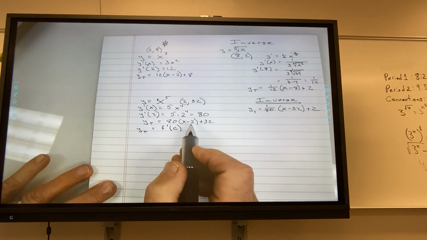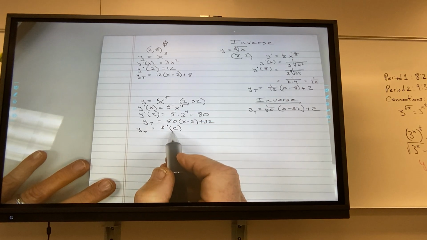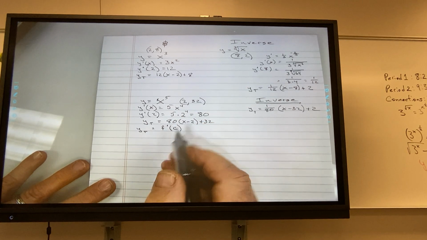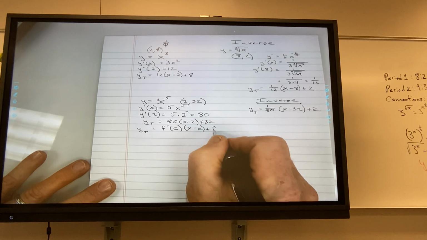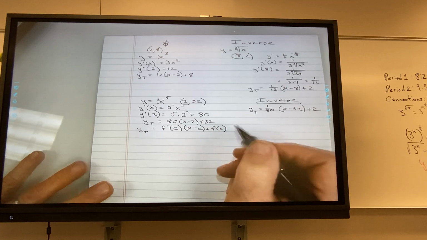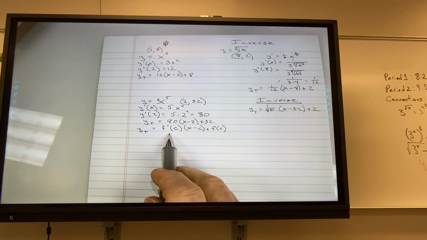Right? I think Tyler said plug 2 into here, right? That's my c, right? x minus c plus f of c. Would you agree? This gives you the derivative of f with c put in it.